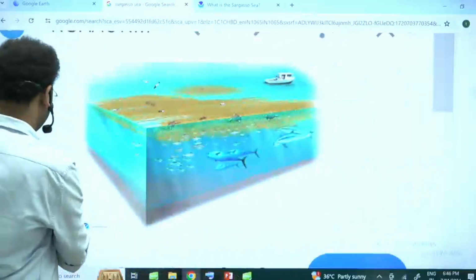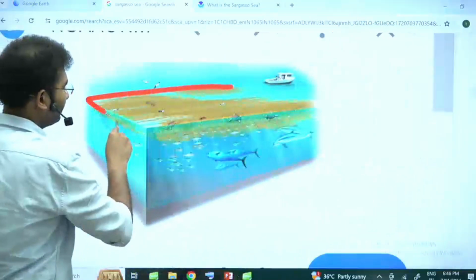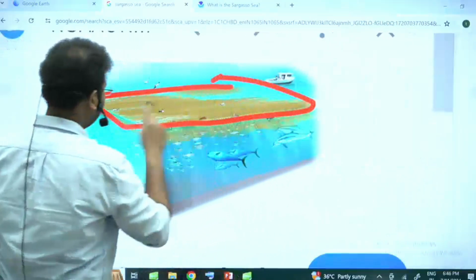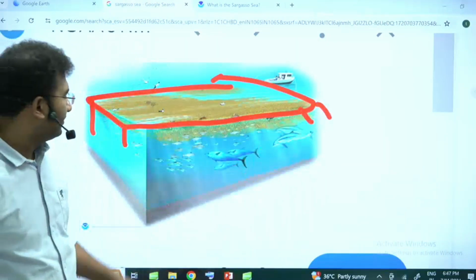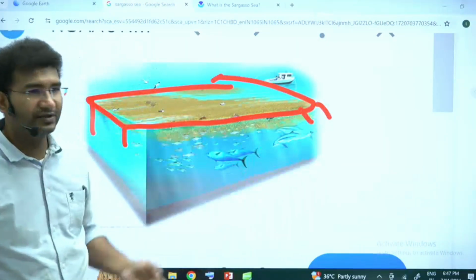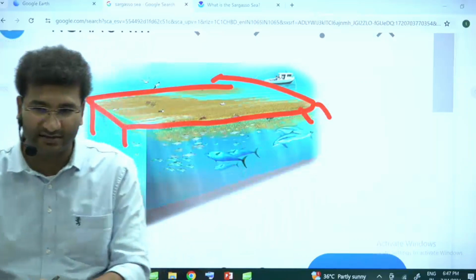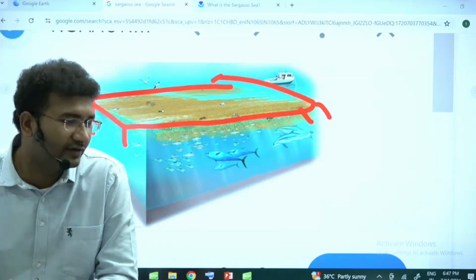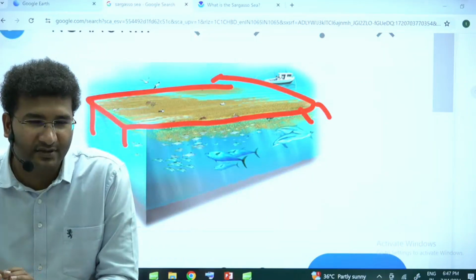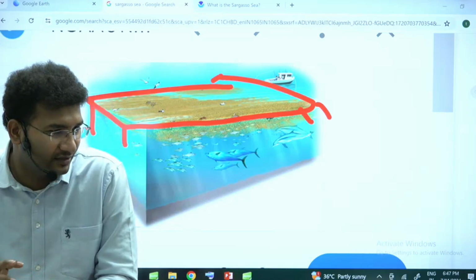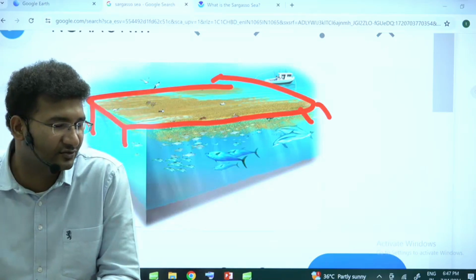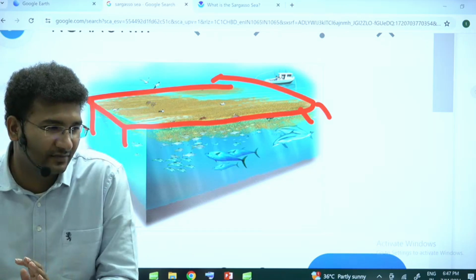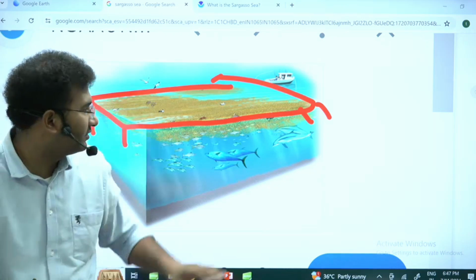See here. This is a nutrient-rich area. Right? And the fishes come to this part of the area to eat that grass. That grass is a very fine grass, which we call Sargasso. That is why, since this is present in the North Atlantic Ocean, we call this part of the area the Sargasso Sea. Yes, it is floating on the top.